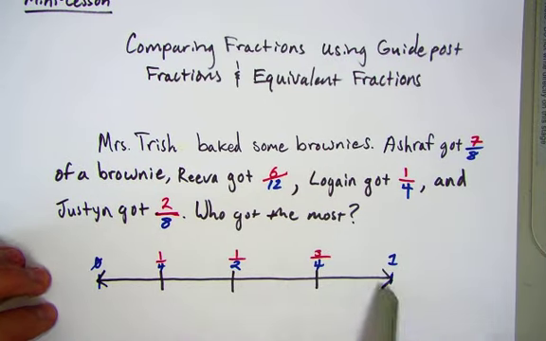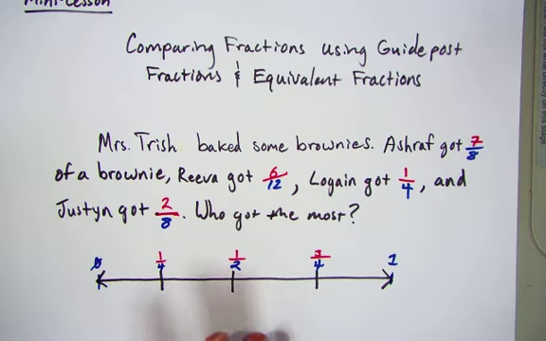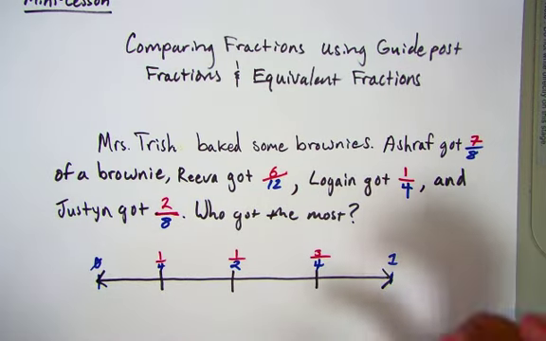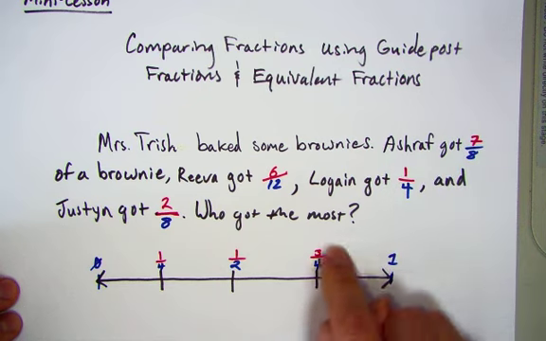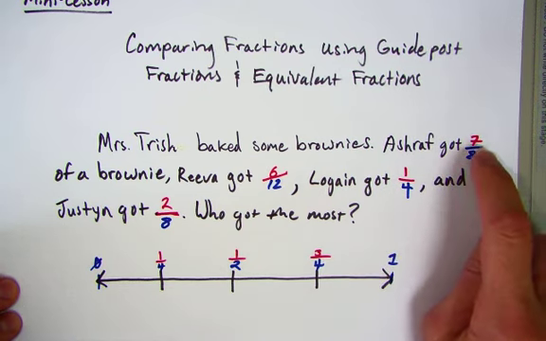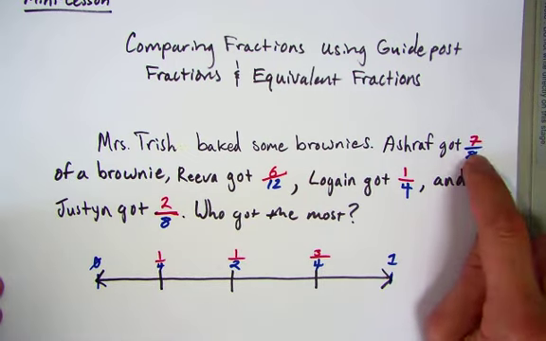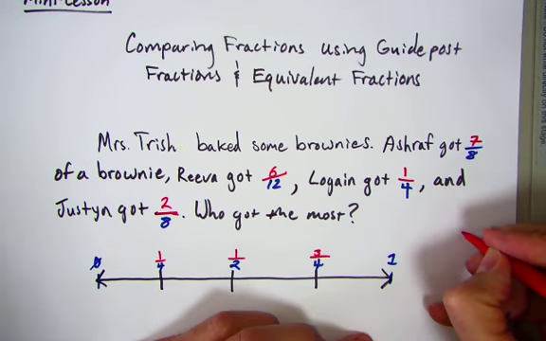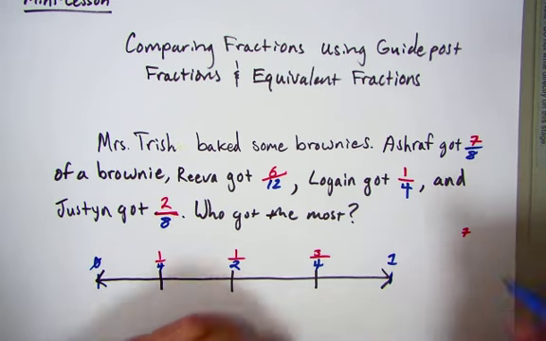Well, this is where we use equivalent fractions and try to find an equivalent fraction that is close to 3/4 with eighths. So I know that 7/8 is very close to 6/8.